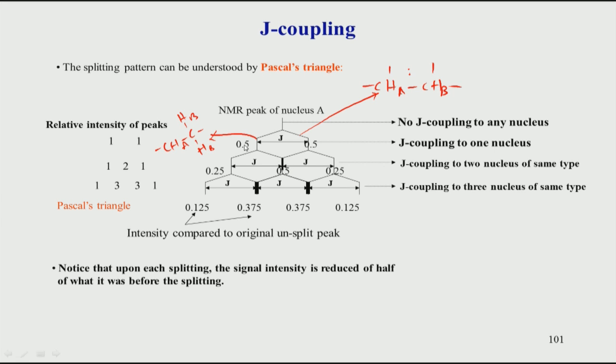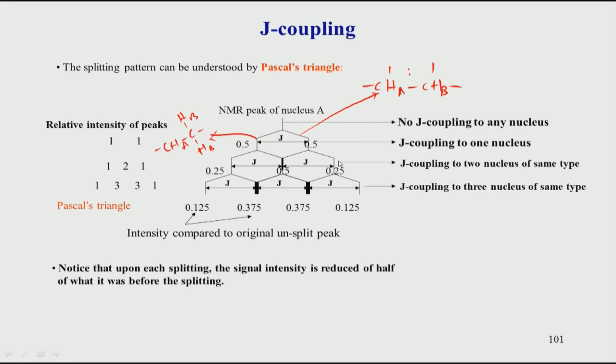Therefore, this peak, which is 0.5, got 0.25, 0.25 in the beginning. Similarly, this 0.5 got split into 0.25 and 0.25, but in the middle those 0.25 and 0.25 add together and become 0.5. So, after splitting because of these 2 hydrogens, this HA now has 3 peaks: 1, 2 which are together, and 3.